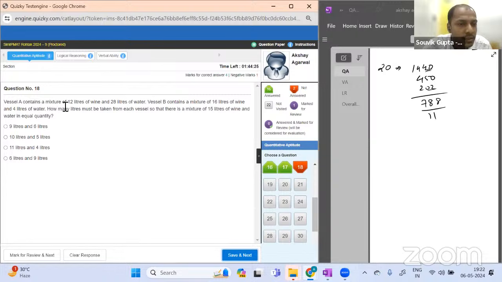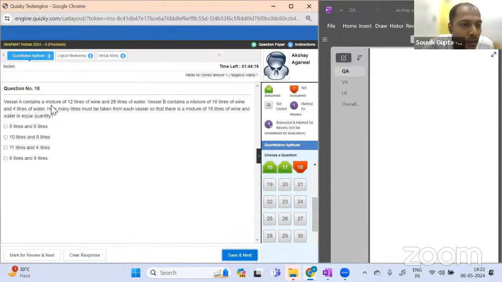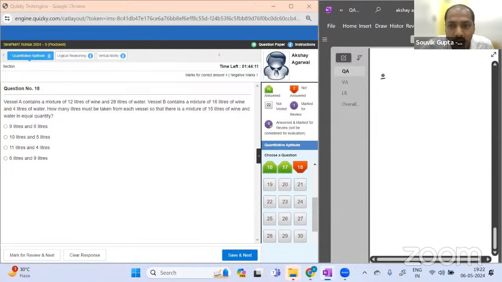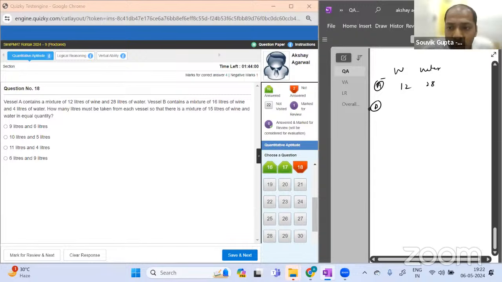A vessel contains a mixture of 12 liters of wine and 28 liters of water. I think I need to put down my speed a little. Come on, buck up. Wine, water. A contains 12 and 28. B contains 16 and 4.